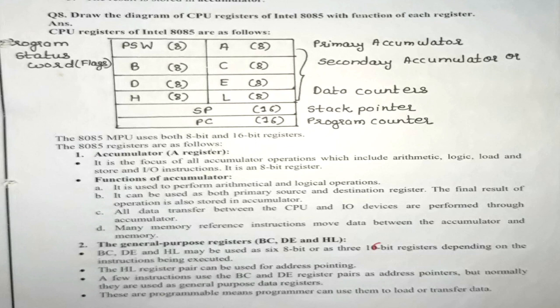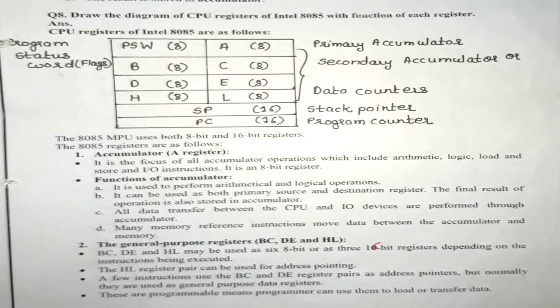Then the next part of the CPU registers is the general purpose registers. As we have discussed, we have other registers like the B register, C register, D, E, H, L. All these registers are temporary registers, but they have one more name, that is general purpose register. We have fixed pairings, that is BC, DE, HL.